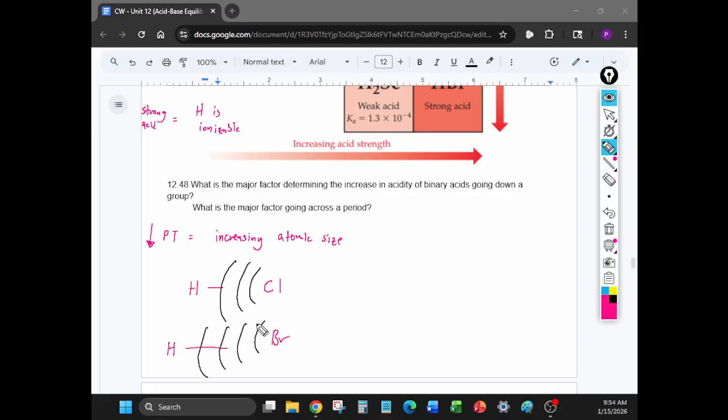So if you take a look, as you go down the periodic table, hydrogen is further and further away from the nucleus of the other element. And the further it is away, the easier it is to remove that hydrogen. So as you go down the periodic table, atomic size increases, and that means that hydrogen is more easily ionizable because of distance. That's the reason why when you go down the periodic table, it is easier to remove the hydrogen, which makes the acids stronger.